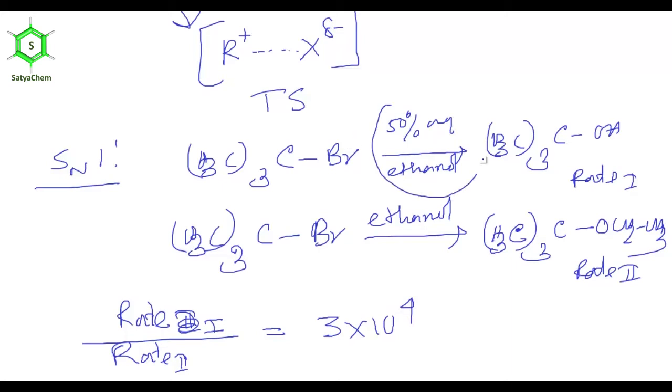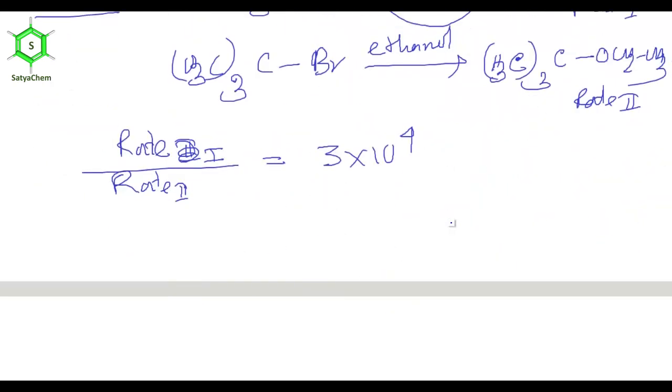This one is a more polar solvent than ethanol alone, because you know water is more polar than ethanol. So we can say that the Sn1 reaction is preferred in polar solvent. This is a very, very important concept.